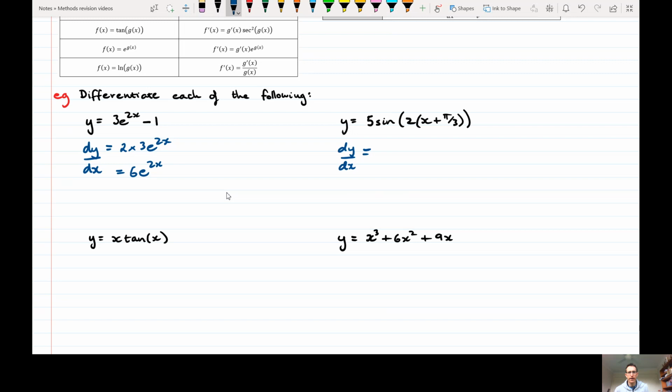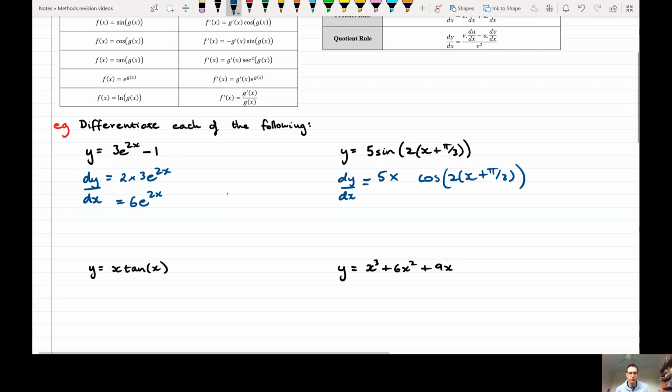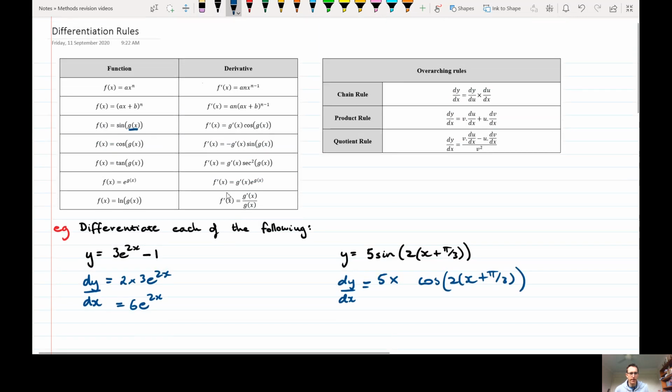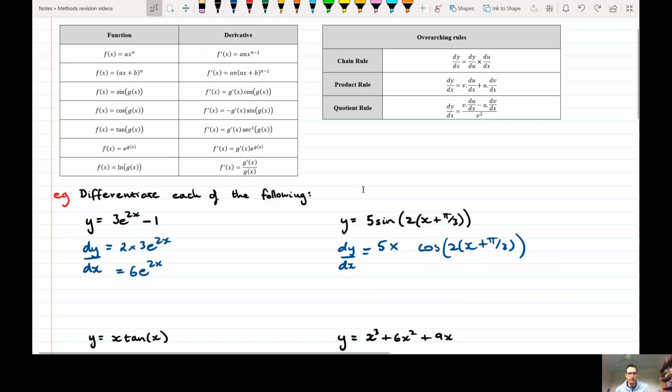Again, y equals, so dy dx. The 5 stays at the front as it is. And we know sine becomes cosine, and everything inside the cosine remains as it did with the sine. That's what this rule up here is telling us. We have sine, the g of x stays there, nothing changes there. All that happens is the g dash comes out the front.